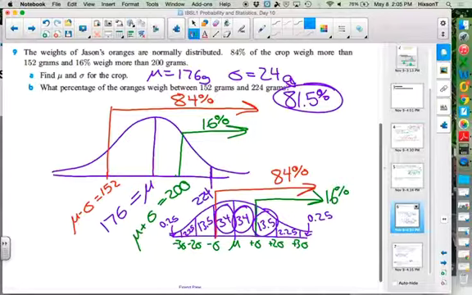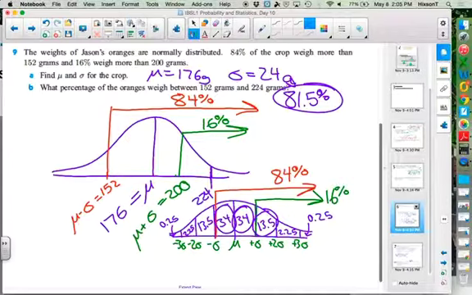So there's some good logic with these, but there's also, you gotta remember things. You've gotta remember your 68, 95, and 99 and a half. If you don't remember those, you're not gonna be able to do any of these.